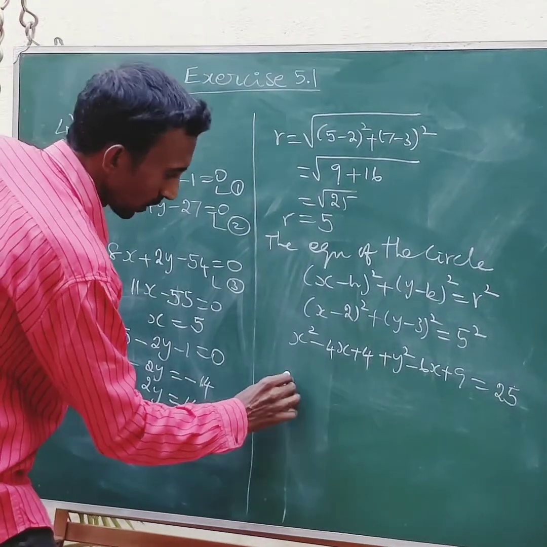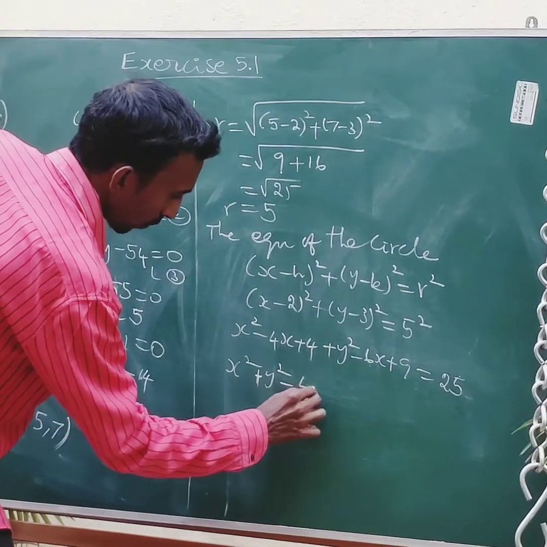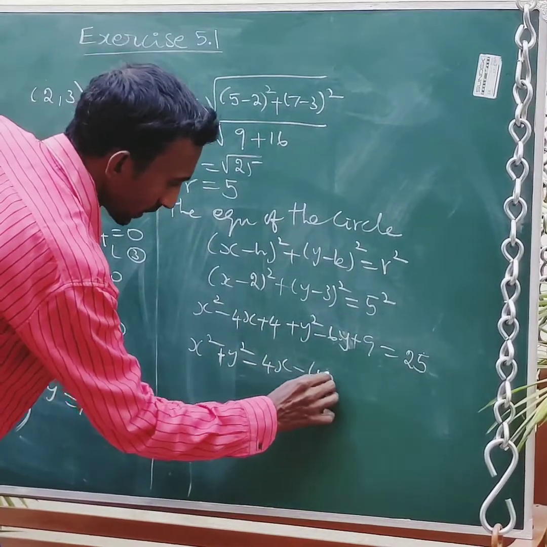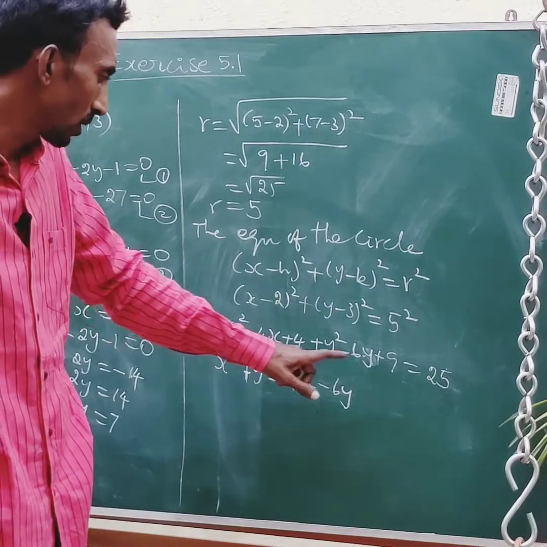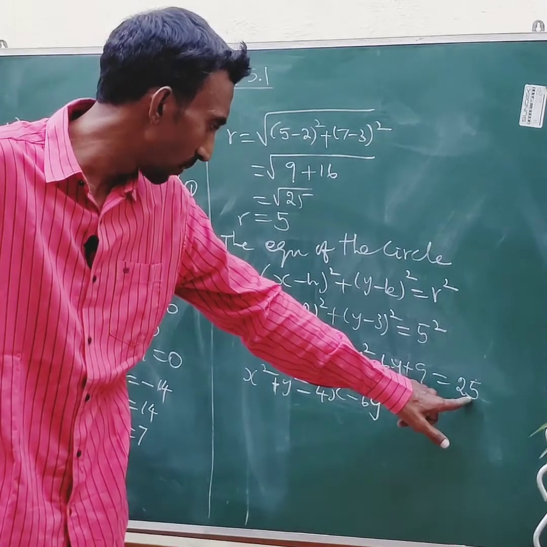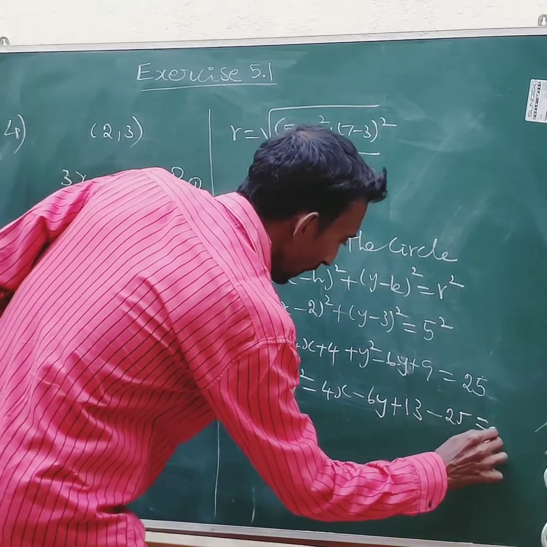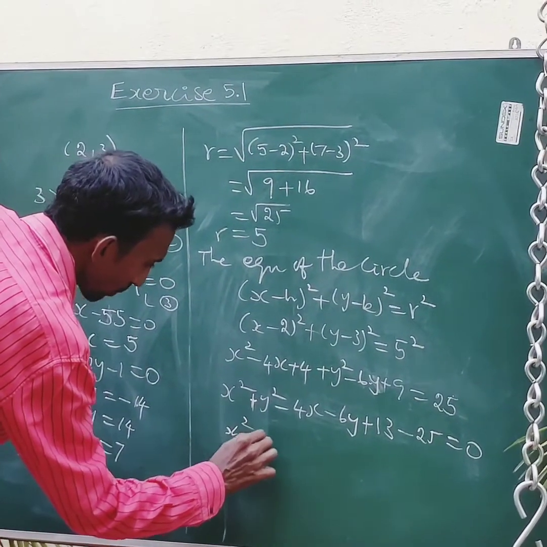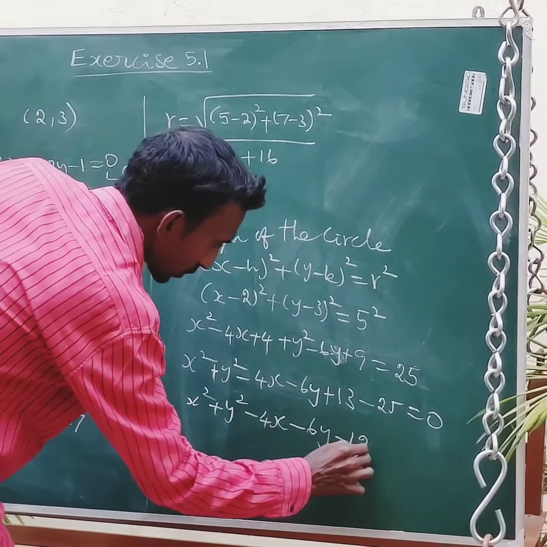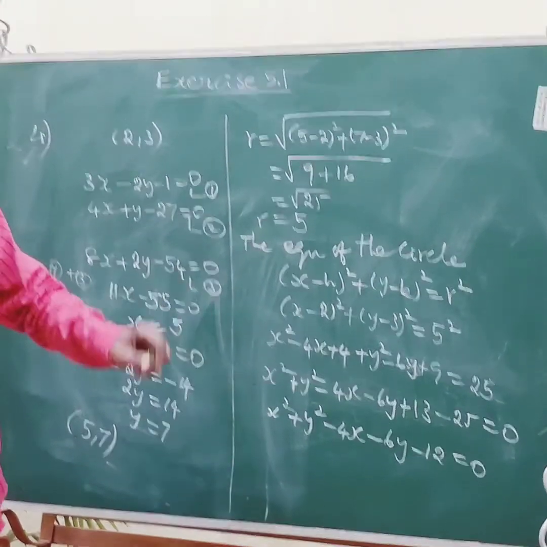So simplify this one: x square plus y square minus 4x minus 6y, and what about these values? 4 plus 9 is 13, 13 minus 25 is minus 12, equal to 0. So x square plus y square minus 4x minus 6y minus 12 equals 0. This is the equation of the circle under the given condition.